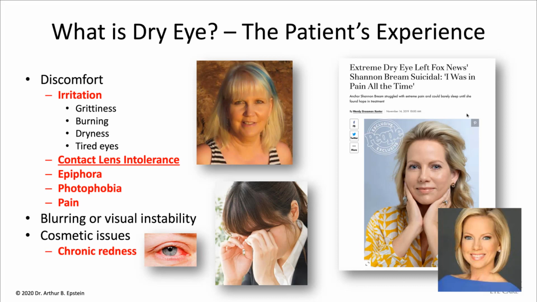So for the average patient, dry eye starts as relatively mild discomfort, awareness of their eyes. I put it into 3 buckets: the discomfort bucket, which is primarily irritation, the grittiness, the burning, the dryness. We'll talk about the underlying causes. We'll see it sometimes as contact lens intolerance. If it gets bad, the eye tries to wash it away with epiphora.